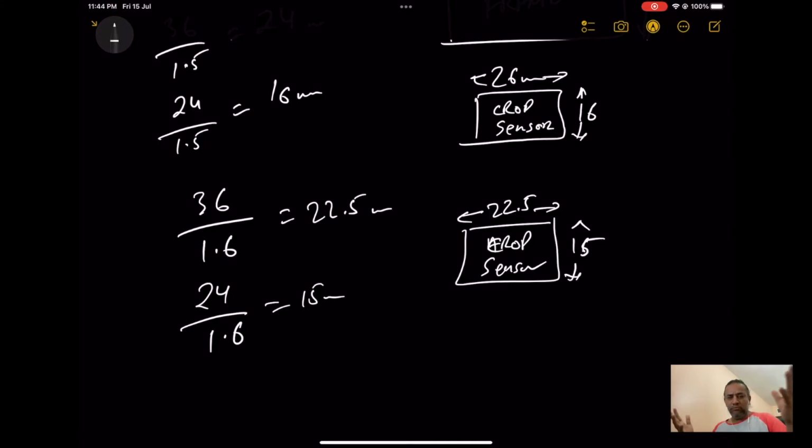Okay, so that's it. That's simple. That's how we calculate the crop factor. That's exactly where the crop factor term comes from. So far so good, but wait, we are not finished yet. The next step is how the crop factor affects the output, which you need to understand. It's very important.